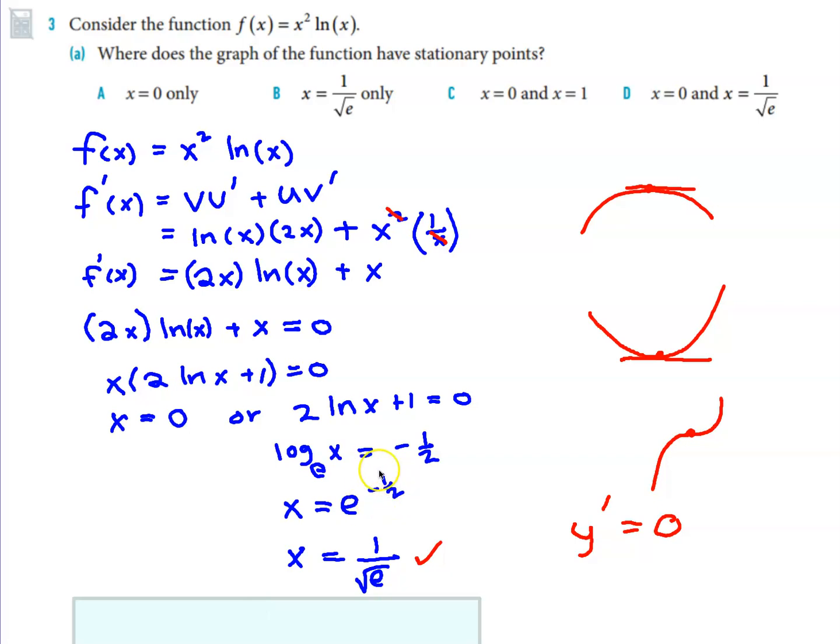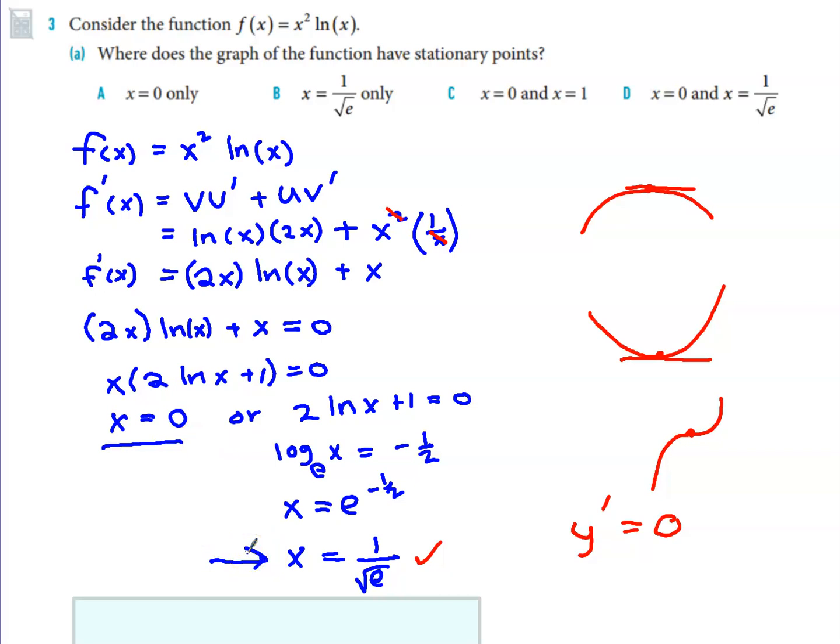The reason for that, of course, is the negative index brings it to the bottom of a fraction, and e to the 1/2 is square root of e in this case. So it looks like we might have two solutions: x equals 0 and x equals 1 on the square root of e.